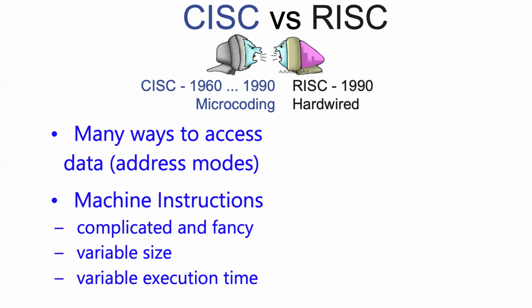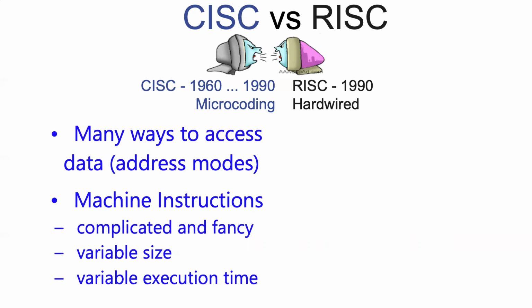And like I already said, this yielded processors with a bunch of different addressing modes, a bunch of different ways of accessing your data, a bunch of different types of instructions, including some that were very special purpose, that handled data in special representations. I remember you used to be able to get a processor that would do what's called binary coded decimal, where they would take a hexadecimal number, but use it to store just 2 decimal digits rather than storing something in binary or hexadecimal.